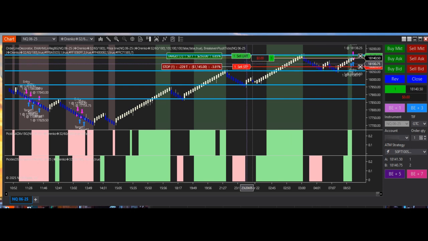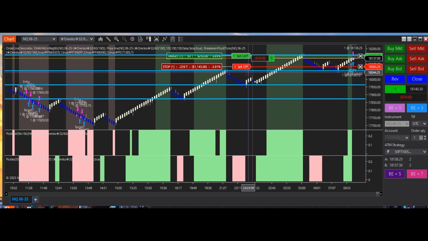Usually I don't trade when price is approaching a resistance line, but because there's a little bit of room between price and the resistance, I thought this would be a good time to go into the trade. But once it gets closer, if it's a few ticks away from the resistance, then that would not be a good trade, because usually when you approach these resistance lines, they tend to reverse.